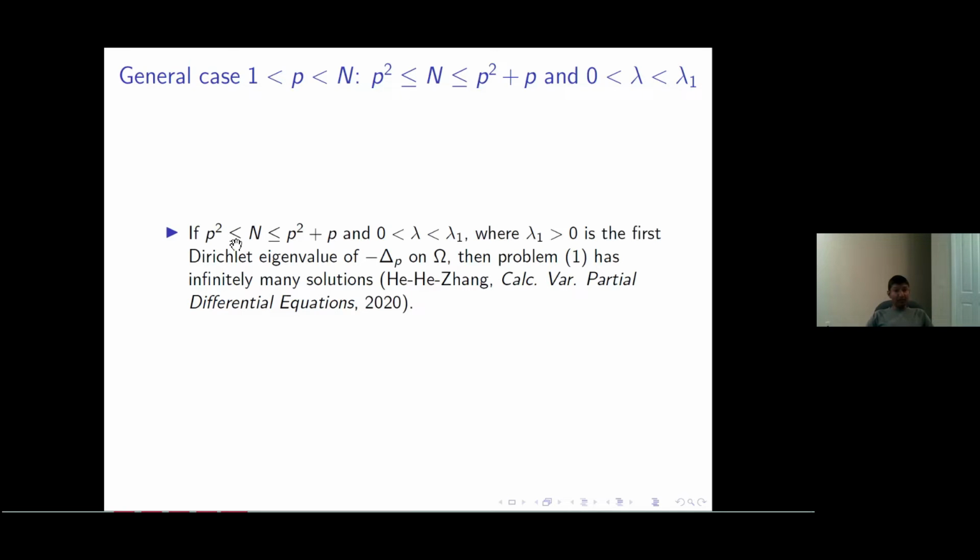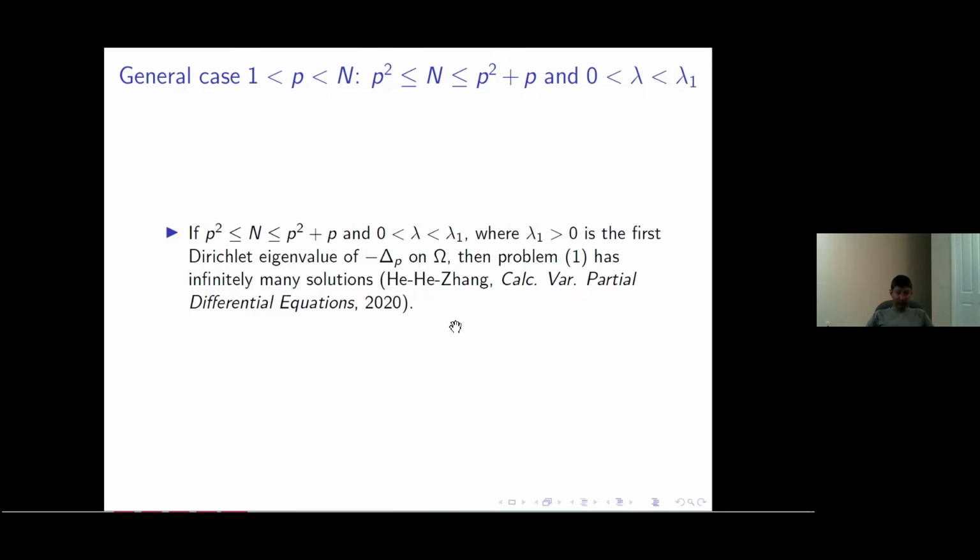If n is between p squared and p squared plus p, and lambda is smaller than the smallest eigenvalue, then He and Zhang showed in 2020 that this problem has infinitely many solutions. But their proof applies only to the case where lambda is smaller than lambda 1.